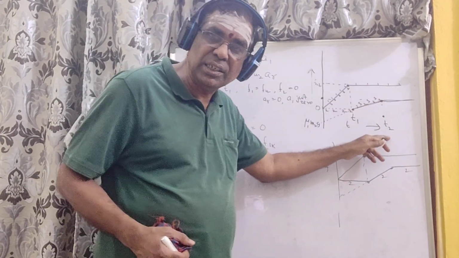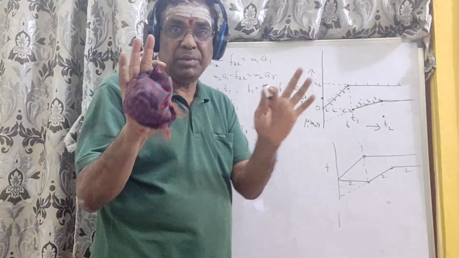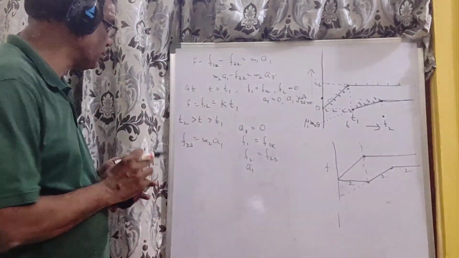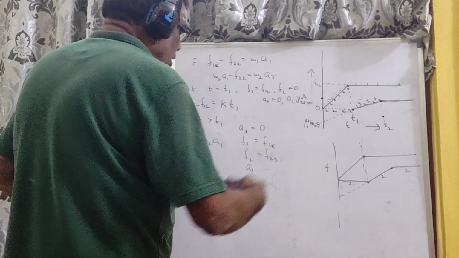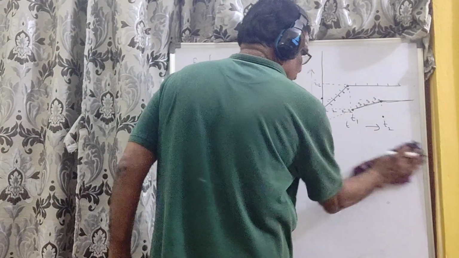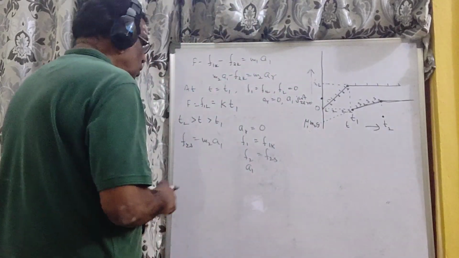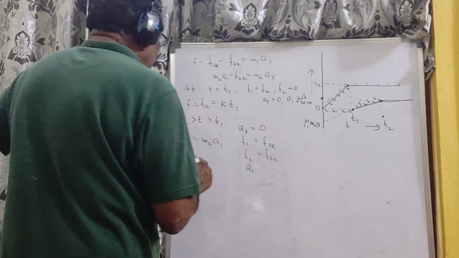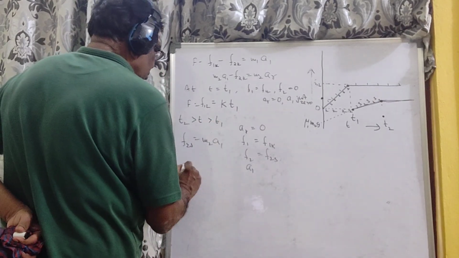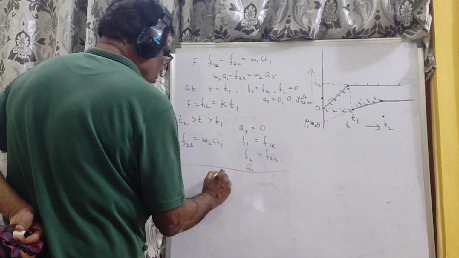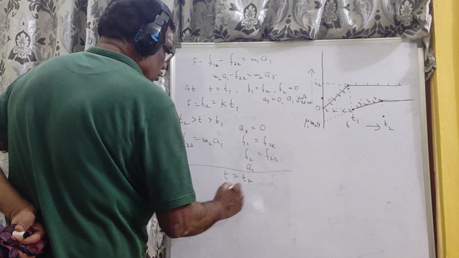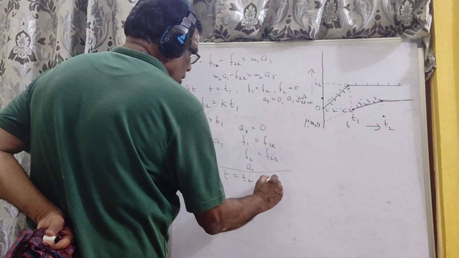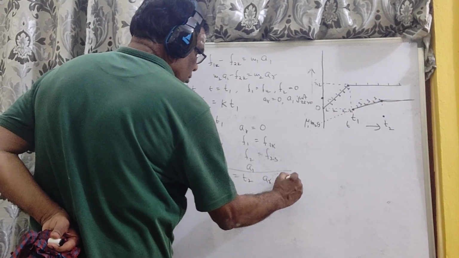Sometimes they'll give friction here, they'll give time here. Be careful. Okay? I can draw that also for you. Yes, I'll do that. So this is fine. Now, at T equal to T2, AR is just 0.